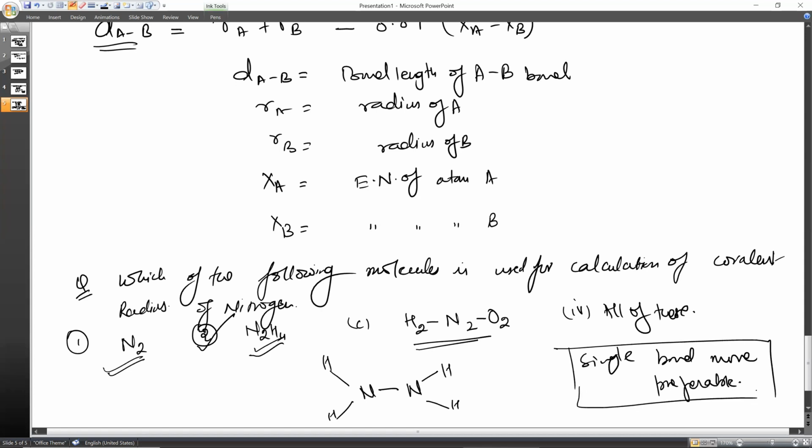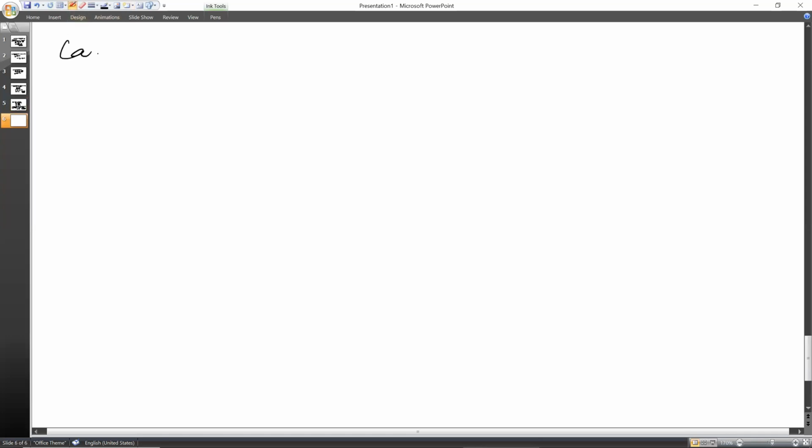Next, have you noted this one? Next says, calculate the covalent radius of carbon by using the following information.